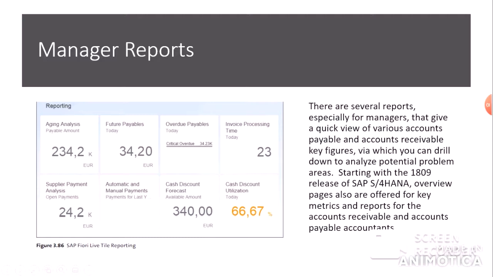So these numbers will be updated lively, means each and every second these numbers are getting updated, so the managers can analyze these reports and can take decisions instantly. This is one of the advantages with SAP S/4 HANA Fiori.